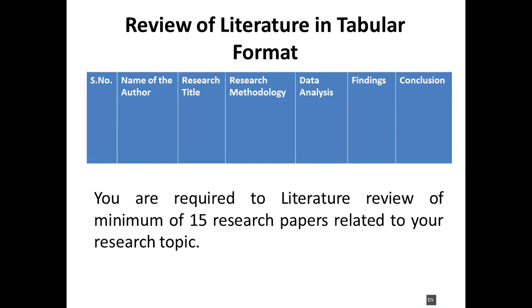What was their sample size? Which tool and technique they have used to analyze that data? Then data analysis, how the researcher has analyzed his or her data, then the major findings of the research paper, and lastly, conclusion of the research paper. What researcher concludes after doing his or her own research.